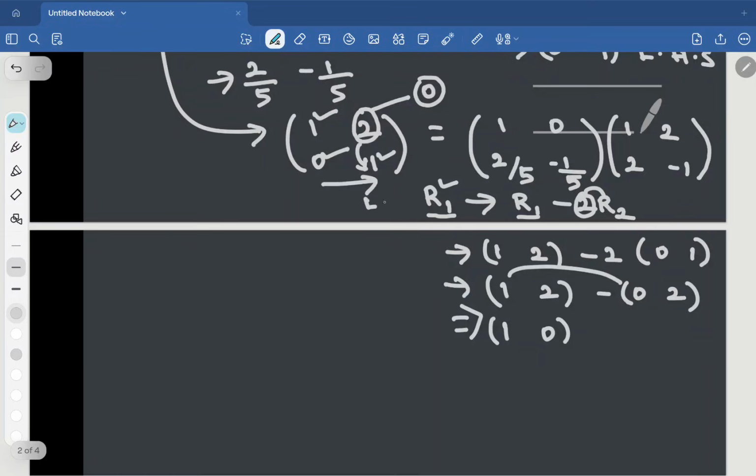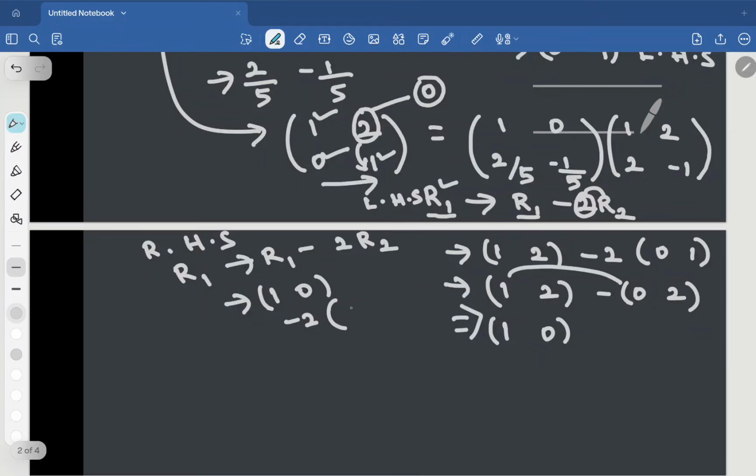This is for LHS. Same thing for RHS. Here I am going to use R1 minus 2 times R2. What is R1 in RHS? 1, 0 minus 2 times R2, which is 2 by 5, minus 1 by 5.